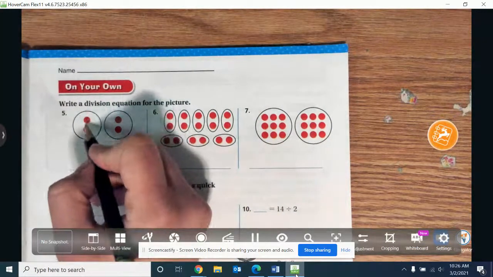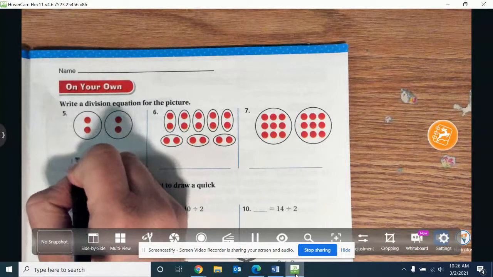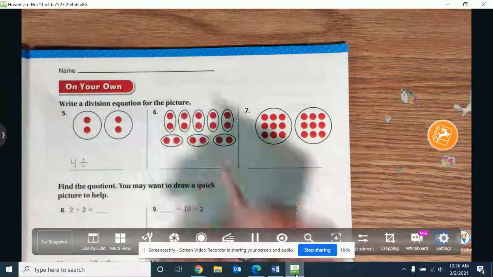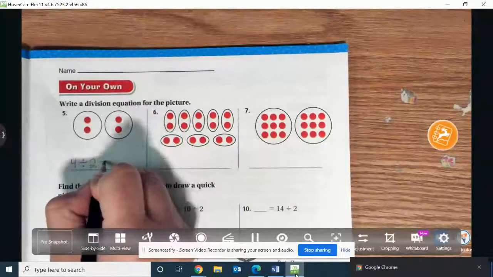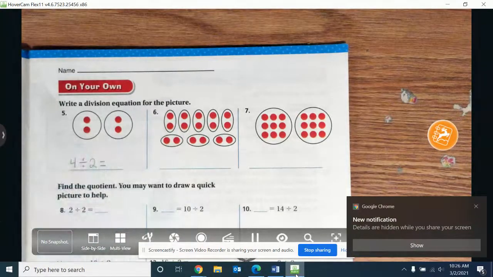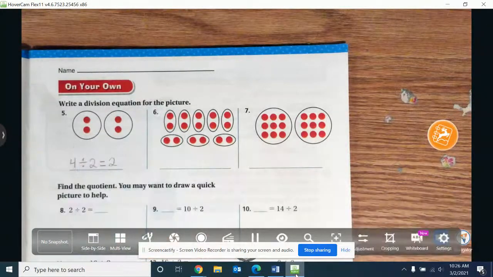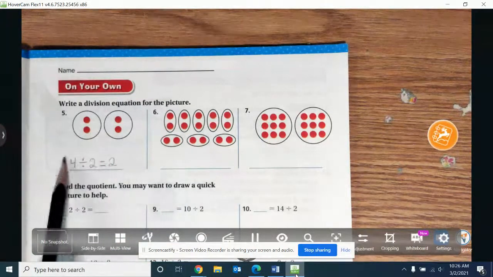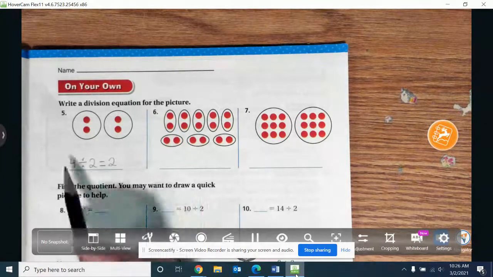So in division, how many counters are there in total? In this picture, there are 4. How many groups? There are 2 groups. And how many counters inside each group? 2. Now, this is similar to one that appeared on your division test last week.